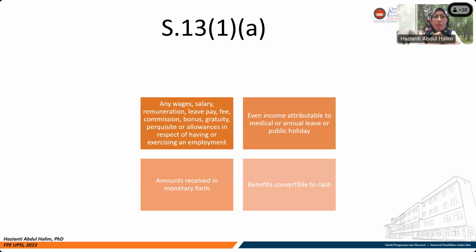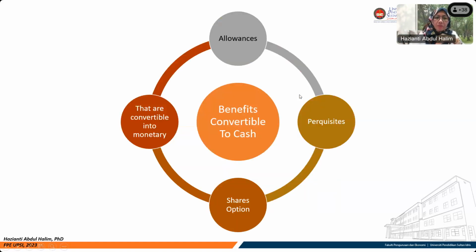Itu pun termasuk dalam reimbursement under section 13(1)(a), because the reimbursement you get is in terms of cash. Okay, so termasuklah allowances, benefits convertible to cash, convertible into monetary, boleh tukar dalam bentuk duit, dalam bentuk cash, perquisites as well as shares, option. Ini tak semua company ada lah. So the company or the employer let you have shares at a lower price.